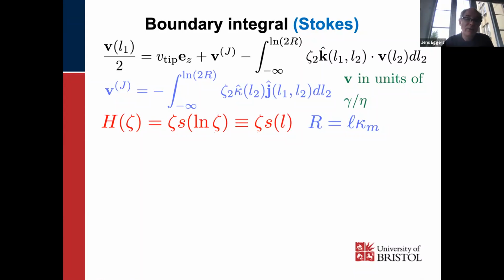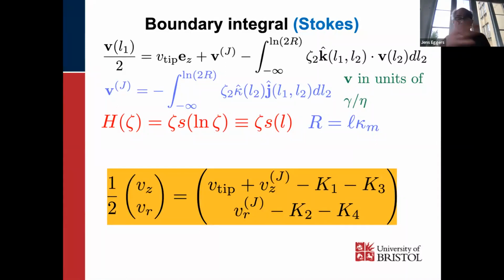Since this profile is almost conical, the trick is to write it as a cone. This is a cone of constant slope s, but the slope s is actually varying slowly on the scale of a logarithm of zeta. So this is the framework.